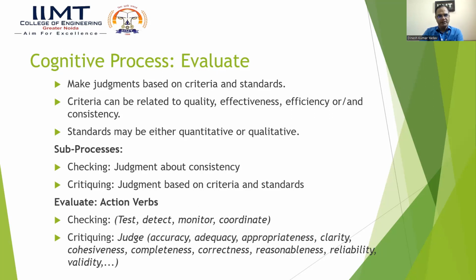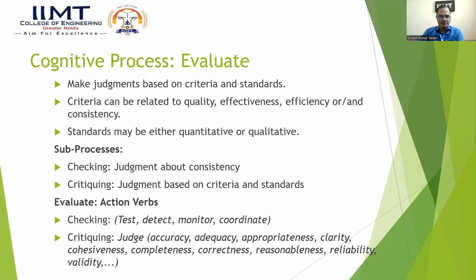These standards may be qualitative, and they can also be quantitative. If we are able to create our own opinions and give judgments based on certain standards and criteria, then we say that we have reached the evaluate cognitive process.